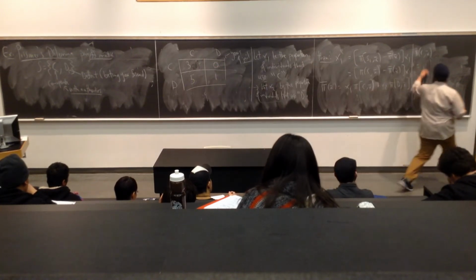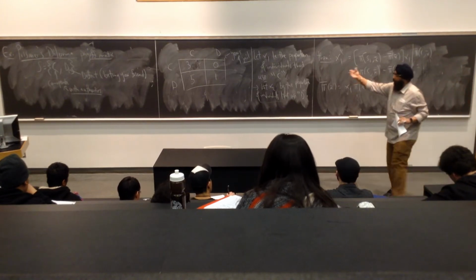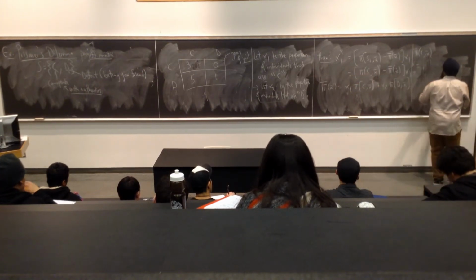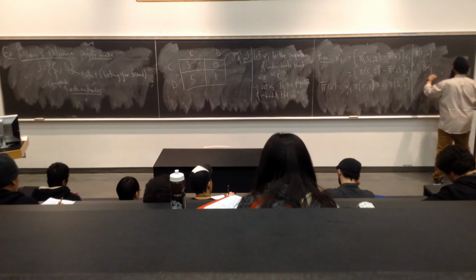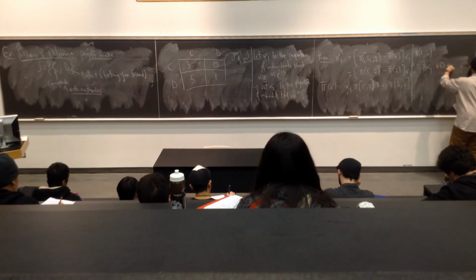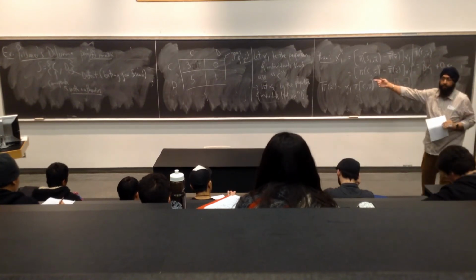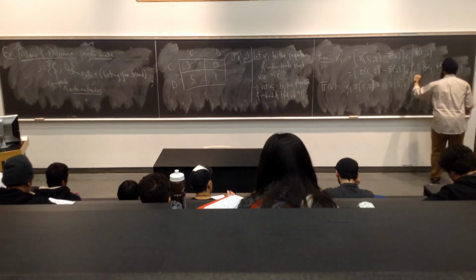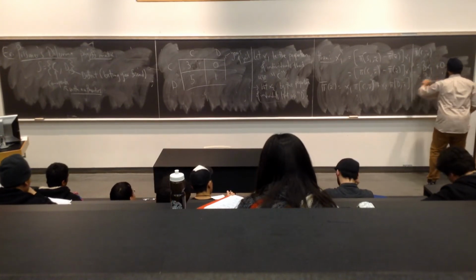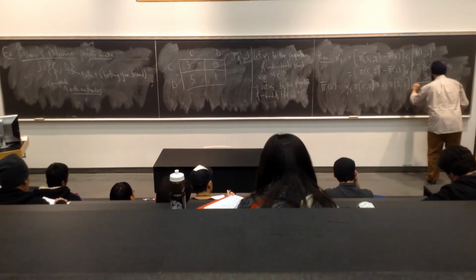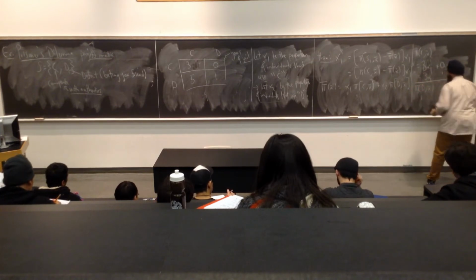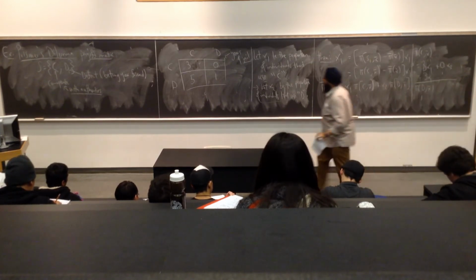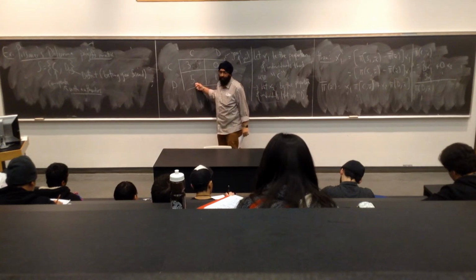So pi of C of x, the first strategy in row 1, you simply write as 3x1 plus 0 times x2, just by reading off the row. So this is just 3x1. Similarly, pi of D of x, you just go to the second row. So it's 5x1 plus 1x2.